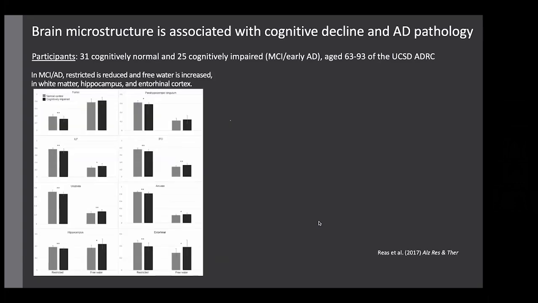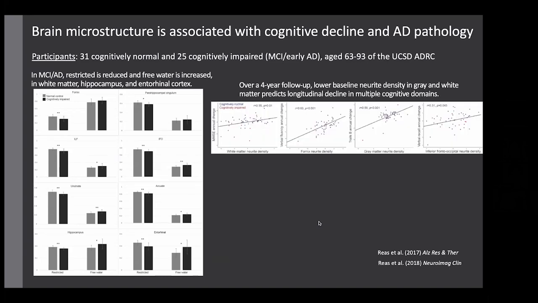And we found that the cognitively impaired group in black showed abnormal microstructure, including reduced restricted diffusion or intracellular diffusion and higher free water in various white matter tracts, as well as in the hippocampus and the entorhinal cortex, which are sites of early neurodegeneration and pathology in Alzheimer's disease.